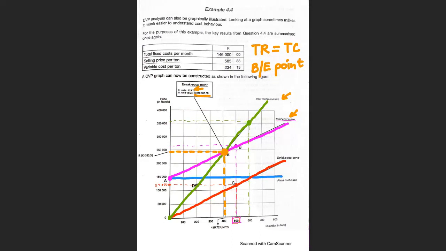That would have been your break-even point. Okay, so that's what your break-even and CVP analysis looks like graphically on a diagram illustrating all four of those curves: your fixed cost, variable cost, total cost curve, as well as your total revenue curve. Any questions in terms of the diagram?